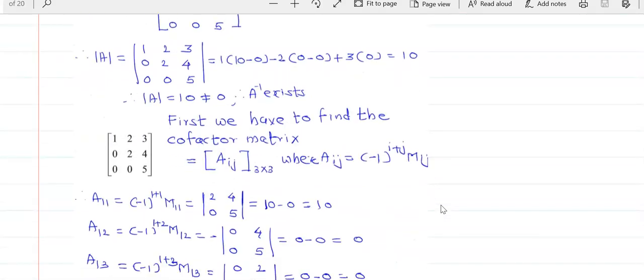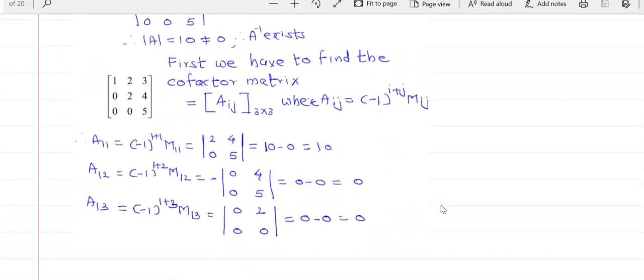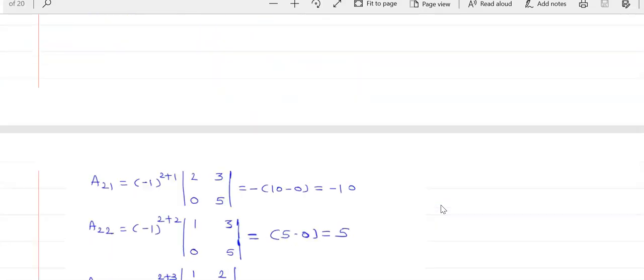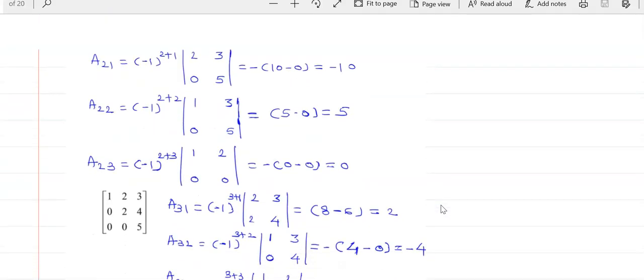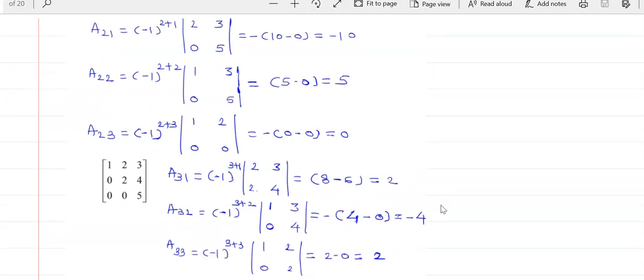Next is the values of A11, A12, A13. And next is A21, A22, A23, and A31, A32, A33. These are the values.